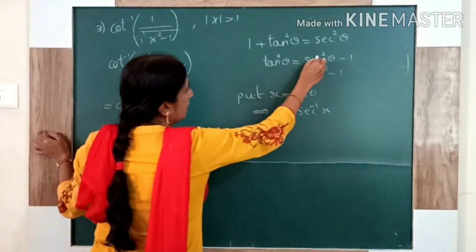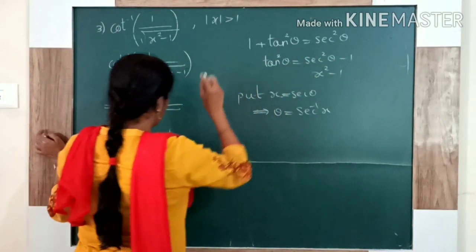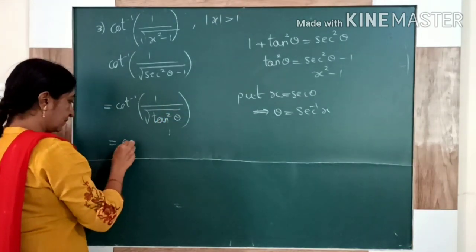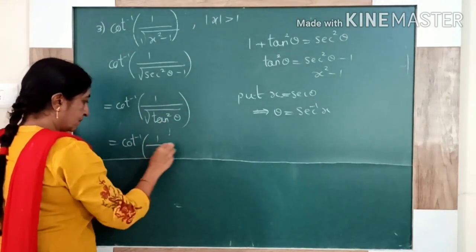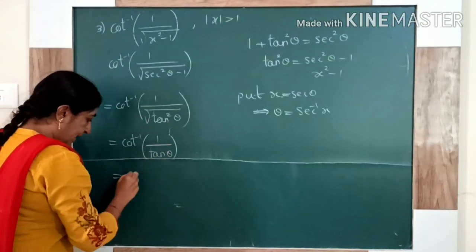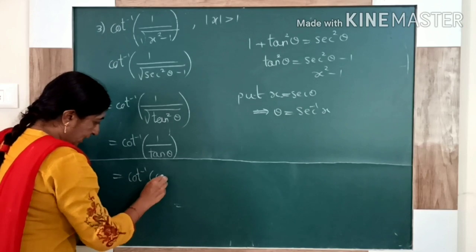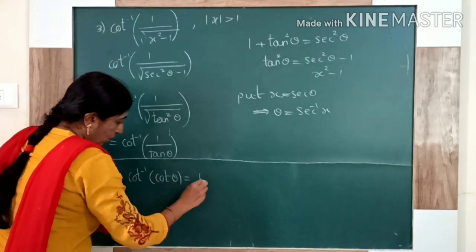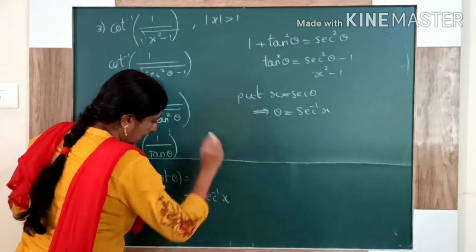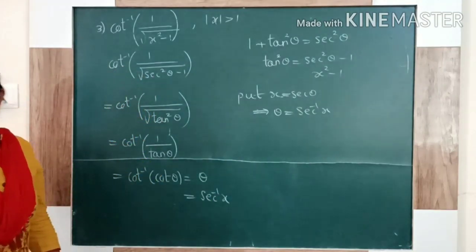See, what is secant square theta minus 1? That is tan square theta. And 1 by tan will be what? Cot theta. Cot inverse and cot get cancelled, that is theta. Theta is nothing but sec inverse of x. Next.